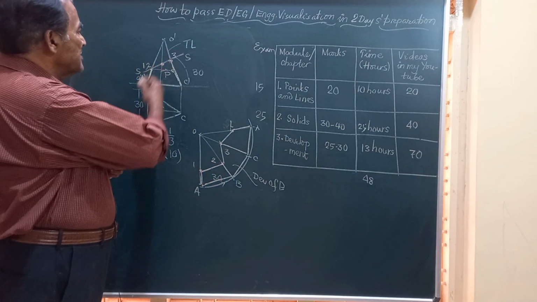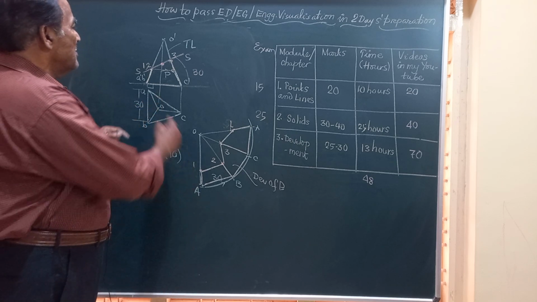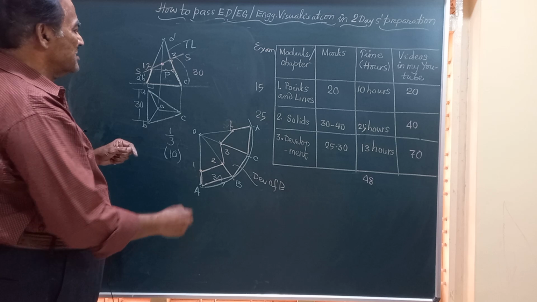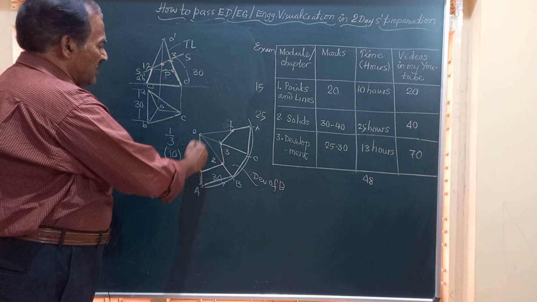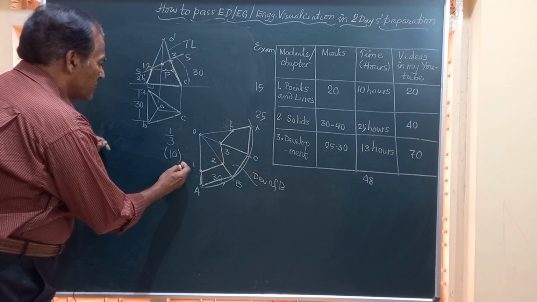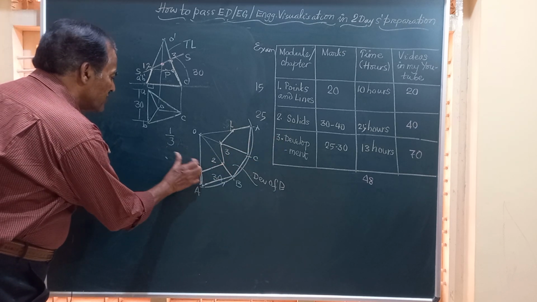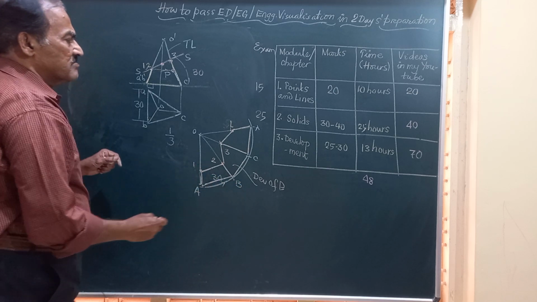Friends, here in this, marks will be allocated for the initial positioning. For the section plane you have got marks. For the development you have got marks. If you take this as 1 unit and this as 1 unit, at least there will be 12 marks on each, and you should be able to get, in the worst case, 10 marks here and 10 marks here.